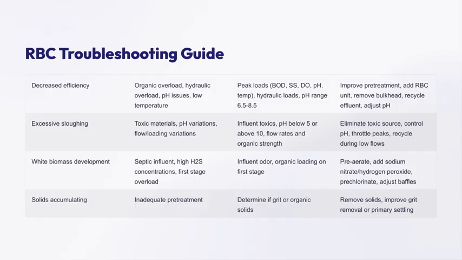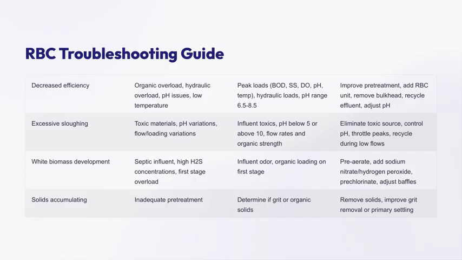Another common problem is white biomass development, which often indicates septic influent, high hydrogen sulfide concentrations, or overloads in the first stage. This can cause odors and organic loading issues early on. Solutions include pre-aeration, adding chemicals like sodium nitrate or hydrogen peroxide, pre-chlorinating, or adjusting baffling to improve flow distribution. Lastly, solids accumulation can happen if pretreatment isn't adequate.